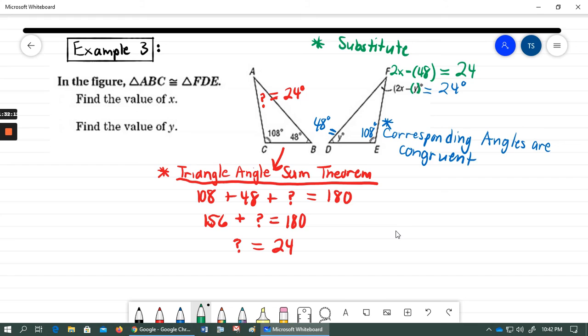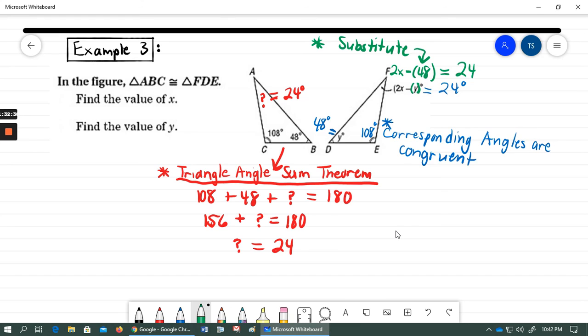All right. So now, guys, since we substituted this right here, all we need to do right now is solve this equation. The 2x minus 48 equals 24. Let's solve that equation, and then we'll have our answer for what X equals.